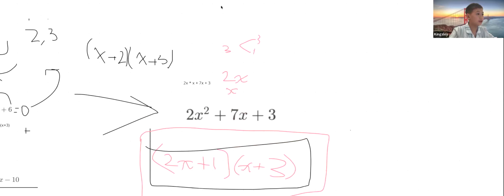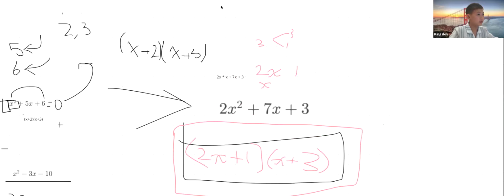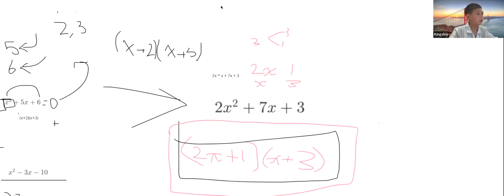So we put 1 here and 3 here, and then multiply. So we get 2x times 3, which is 6x, plus x. So after that, them added together is 7x, which is our middle term. So 2x plus 1 and x plus 3.